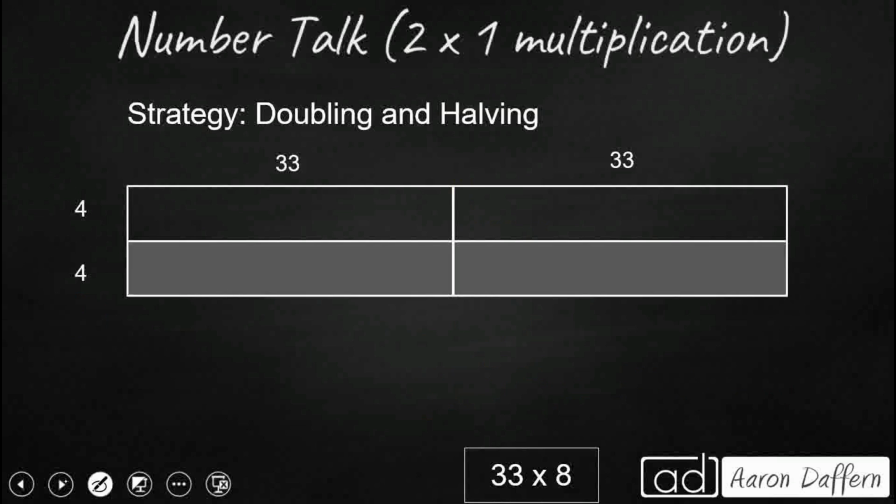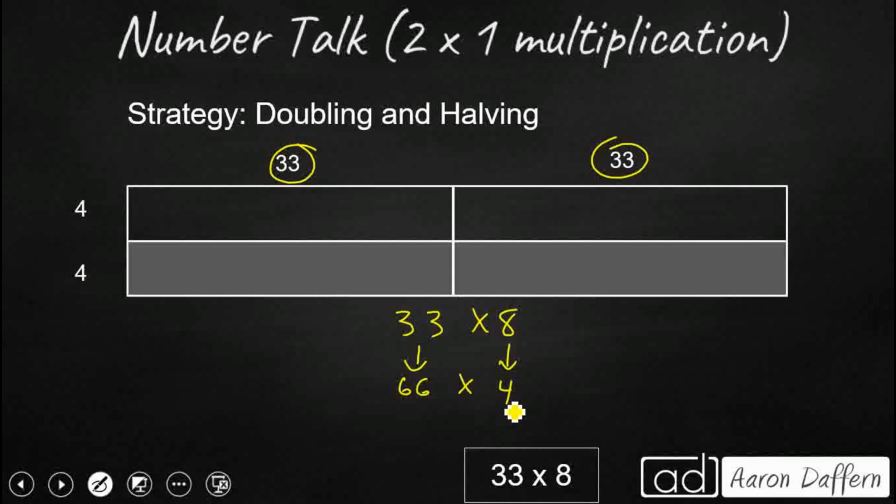Now, doubling and halving is another really good way to take care of this. What we're going to do is take our 33 times 8, and if we take our 33 and double it, we're going to make that 66. So I added an extra 33. We can keep the expression balanced if we take half of the other factor.